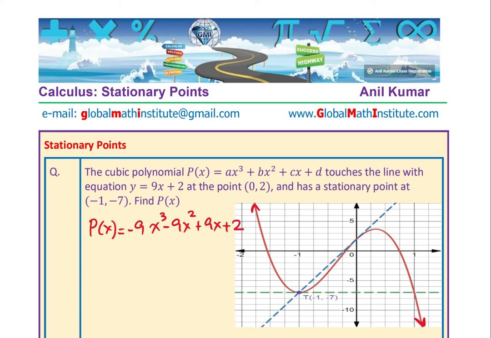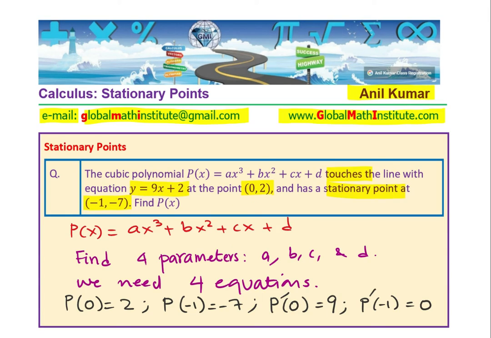As you can see from the graph, the tangent at the y-intercept is y equals 9x plus 2. And we have a horizontal tangent at the point minus 1, minus 7. You get it? So that is how we could visualize the whole solution. I hope this approach is quite clear and you understand how we solve such a question.